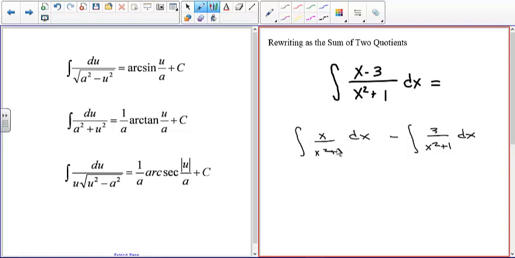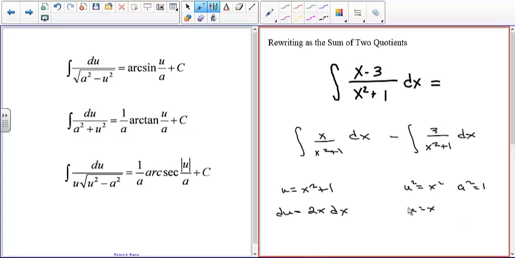So for this part, I would choose u as x squared plus 1, because if I take the derivative, I'll get 2x dx, which matches up well with this, except for this constant, which we can handle. In the second case, this looks like the arctangent form, so u squared is equal to x squared, and a squared is equal to 1.